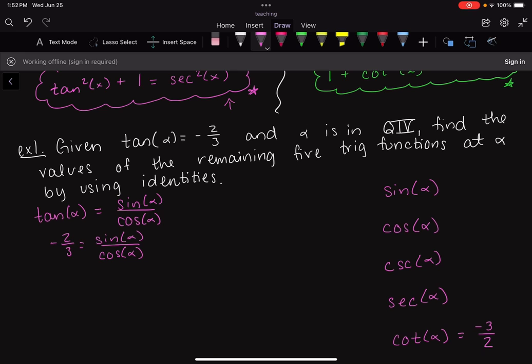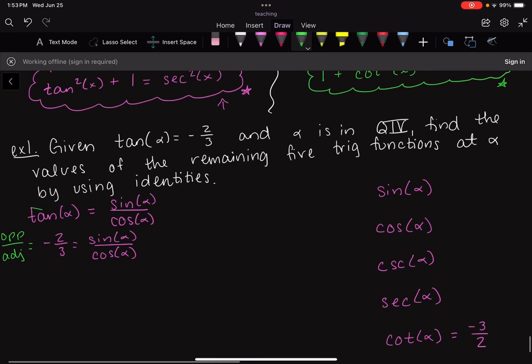The problem with this is that then I'll have people say, okay, so sine must be -2 and cosine must be 3. It doesn't work. The reason is because remember that tangent is also opposite over adjacent. It doesn't give you the hypotenuse at all. So when you do this, you're not finding the hypotenuse. You're just finding the opposite and the adjacent side. So this is going to be a no. Doesn't work.